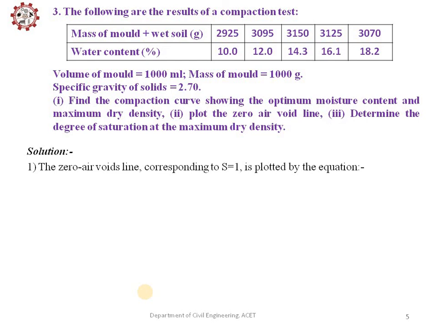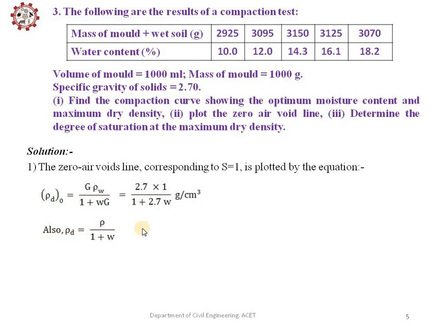As it is said, the zero air void line corresponds to 100%, so S is equal to 1, and the equation is plotted as gamma D, or rho D, equals G gamma W upon 1 plus WG. G is known to us, 2.7, into 1 gram per cc. We are assuming gamma W upon 1 plus 2.7 W gram per centimeter cube.